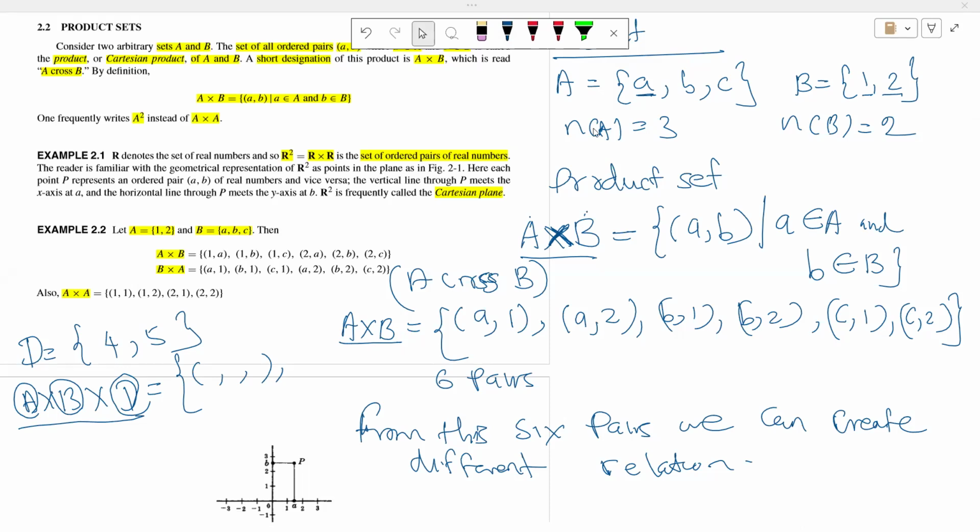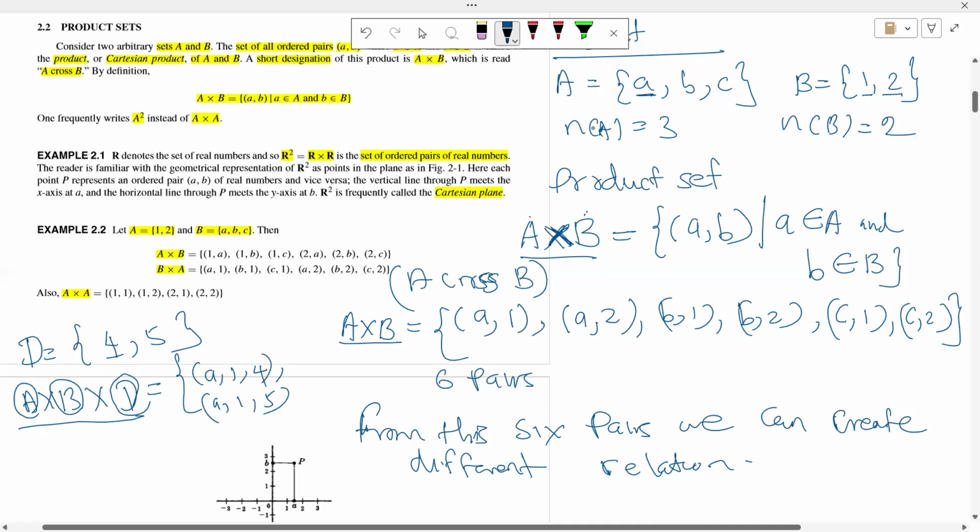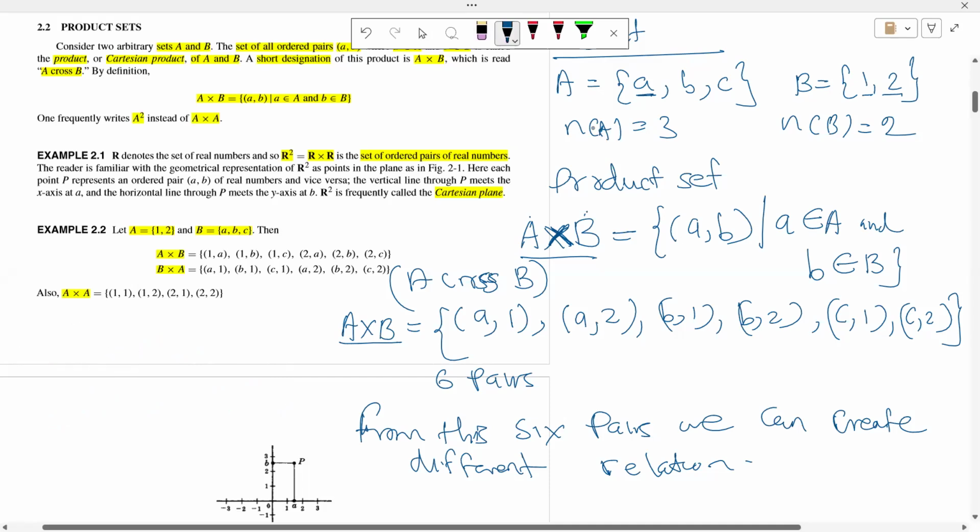So if I ask you the cross product A cross B cross D, then what will happen? First I need to take one element from A, another element from B, another element from D, right? So here 4. Similarly, A comma 1 comma 5. Likewise it will be written, right? So here in A cross B, I am using only 2 sets, and that we can call a product of sets.